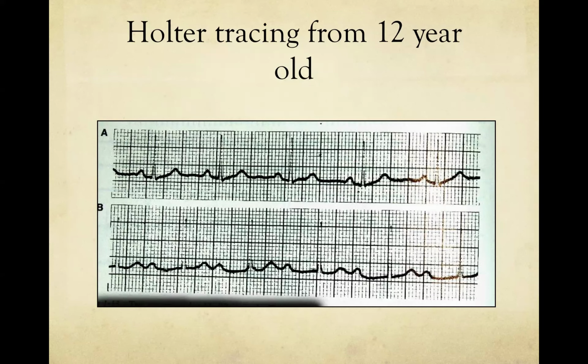In those cases, as we've discussed in the past, we will sometimes do an empiric slow pathway modification in the setting of a child who is not pre-excited, has no evidence for an accessory pathway, and has clear dual AV nodal physiology. Sometimes we'll put in empiric lesions. But the point is, this observation alone would not warrant any intervention other than observation.